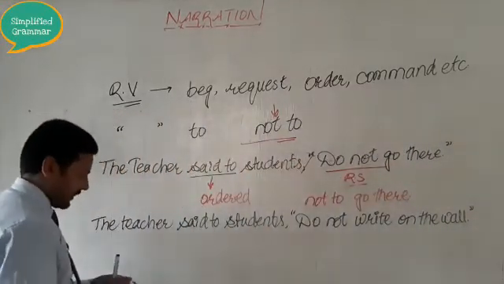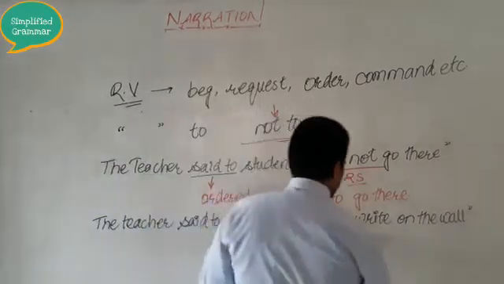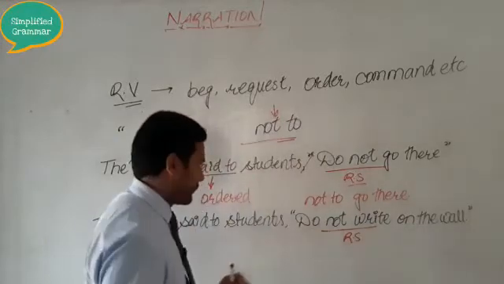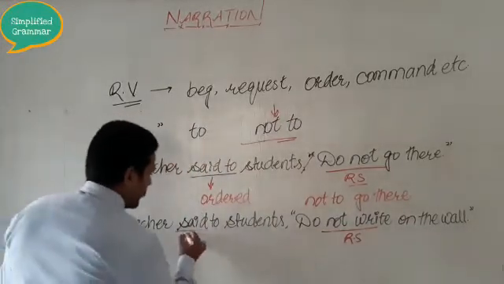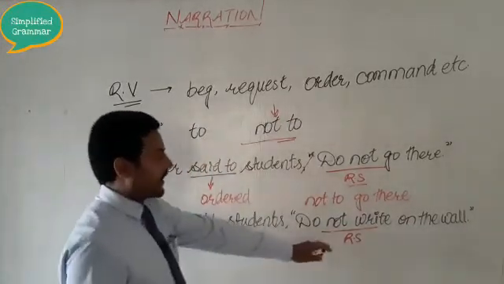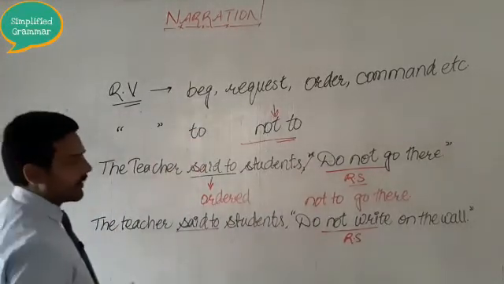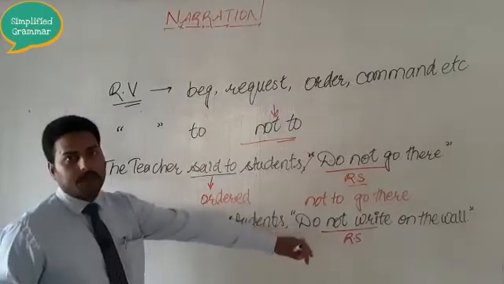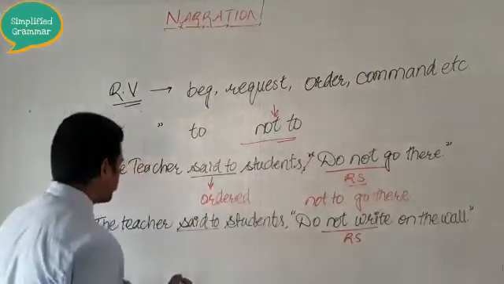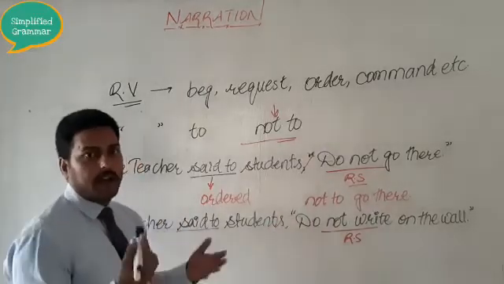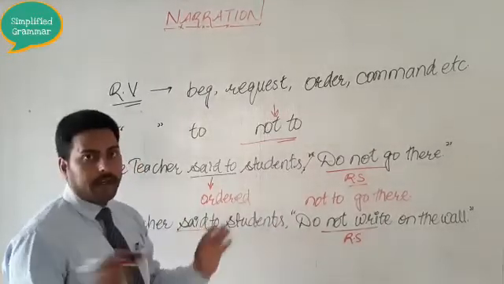So here once again, your reported speech is in the negative imperative. Your reported verb will change according to the expression of this reported speech. What expression comes out from your reported speech over here? Here the teacher has forbidden students not to write anything on the wall.